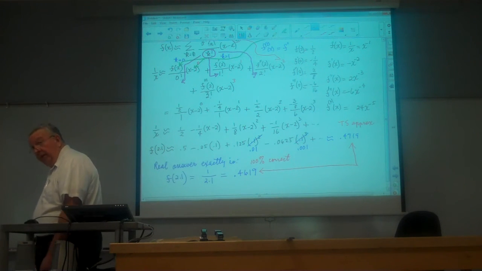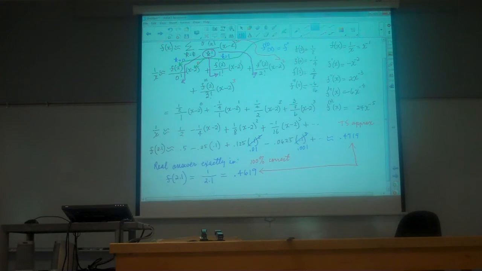And I knew they were going to be close. But they're not close enough, are they? So what's the solution? More terms. Everybody agree? More terms. So just keep going. Okay?